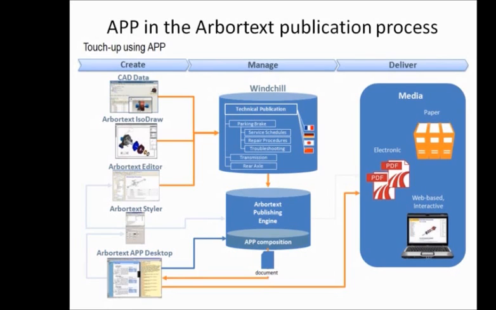Generally, there is no option to take that composed file and do some small finishing work on it. Now, if you're using APP, if you're using a fully developed APP template that's associated with your style sheet, you can then retrieve that composed file as a 3D file after formatting in order then to perform touch-up.